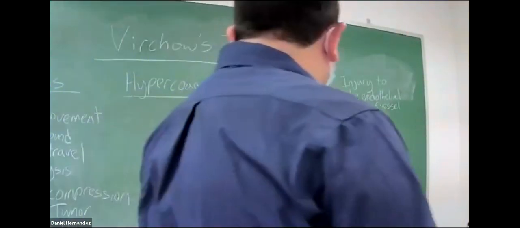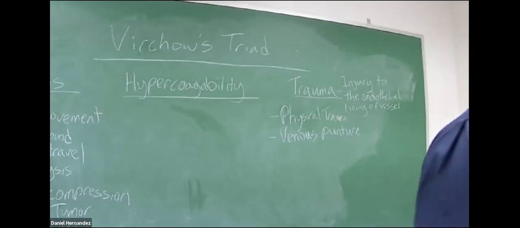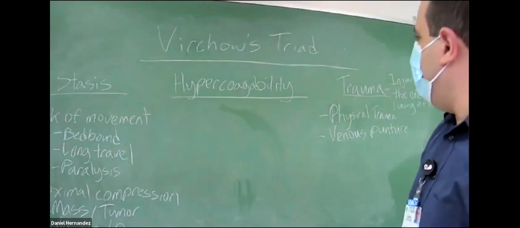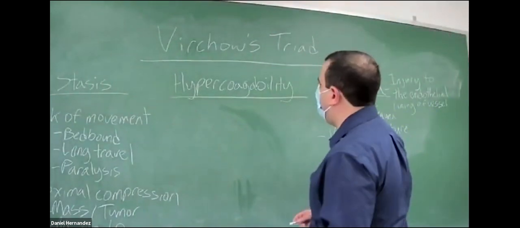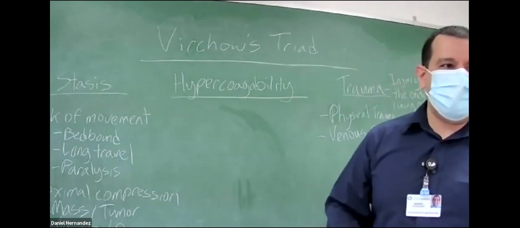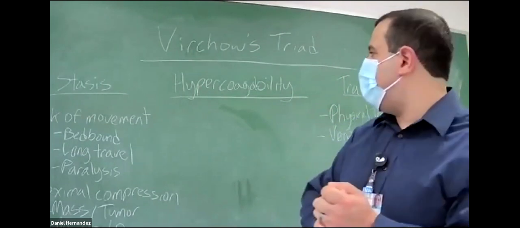All right, so we have physical trauma, venous puncture. All right, so then we have the main thing called hypercoagulability. So this is when the body is in a state in which it's more prone to producing clots.